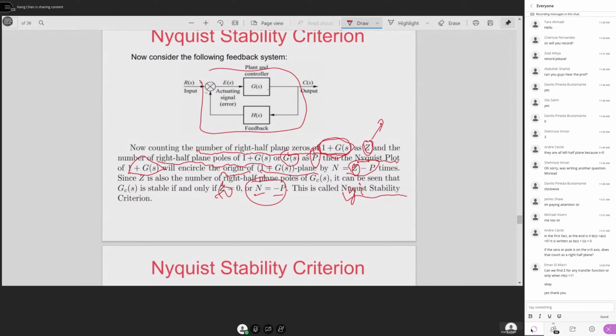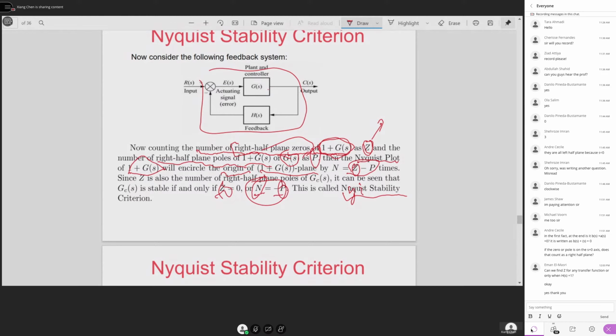But how am I going to check this condition? I just need to find the N. How am I going to find the N? I just need to find out how many right-hand plane zeros of 1 plus G of S. I said that this information is available if you know the transfer function model of the open loop system G of S, right? Okay, so you can get it right away once you have the G of S information. So how am I going to check the value of P?